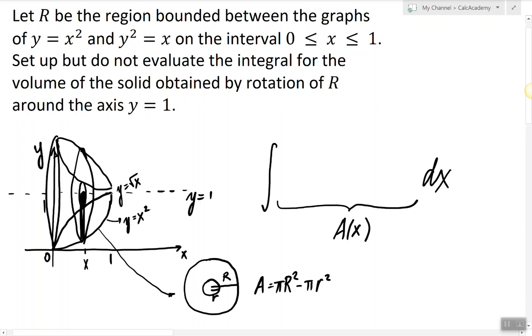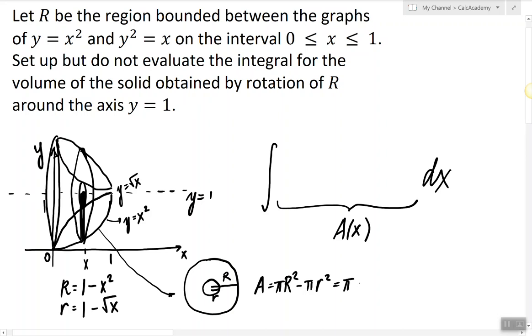So the area of this circle with a hole will be equal to pi big R squared. Big R is, again, the distance from the axis of revolution to the graph y equals x squared. And little r will be the distance from the axis of revolution to the graph of y equals square root of x.